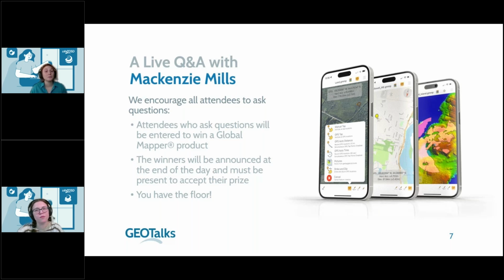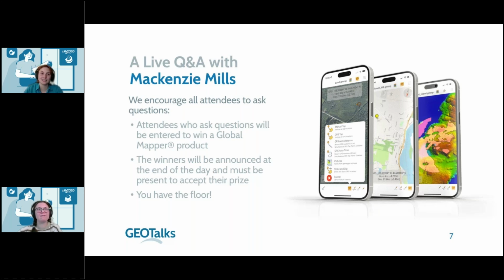The big selling points for the Mobile Pro, the main reasons why we see people upgrading, are that connection to an external GNSS device and access to that Entrip client for RTK corrections. That's going to greatly boost the accuracy of the data you're collecting. So if you have that hardware available to connect to, and you have an RTK correction source to log into, you probably want Pro in order to take advantage of that.